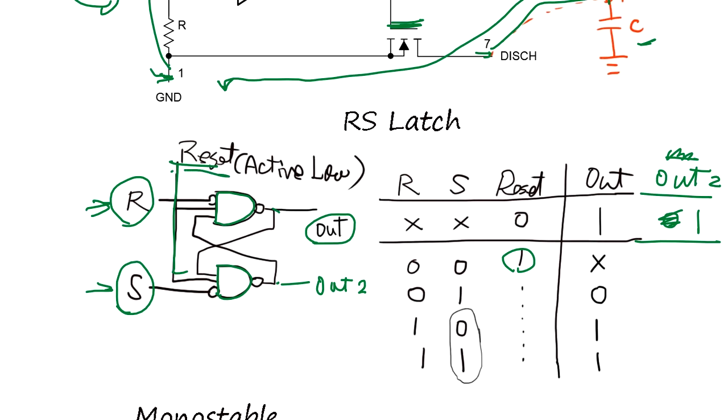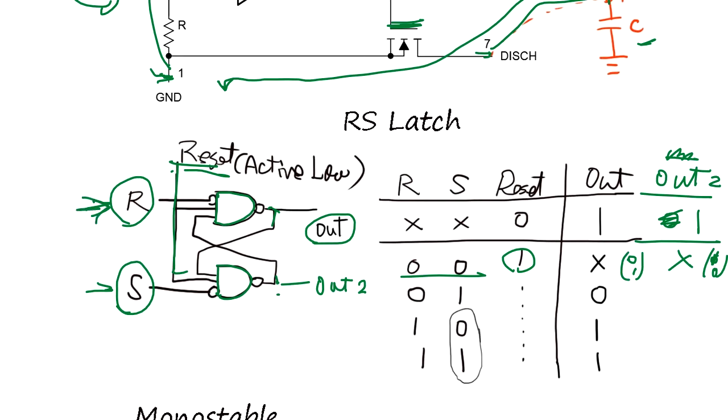And when set and reset are low, then the output is unknown, because if one is low, the other high, it could be low and this could be high. So it's either 0 or 1. How do we know?